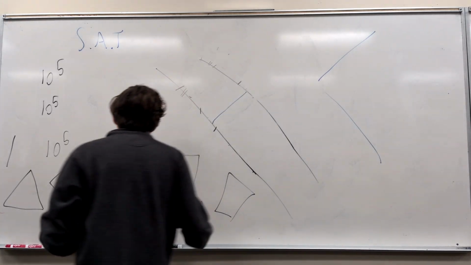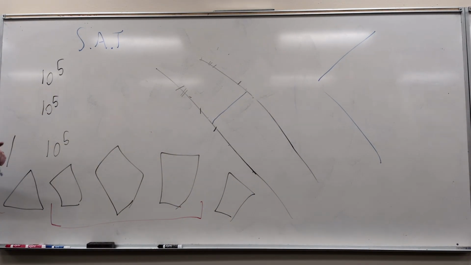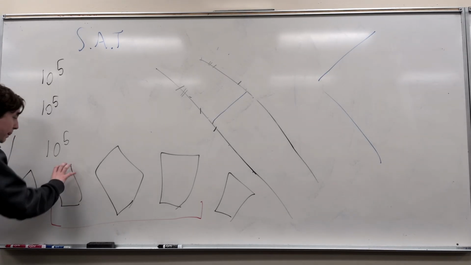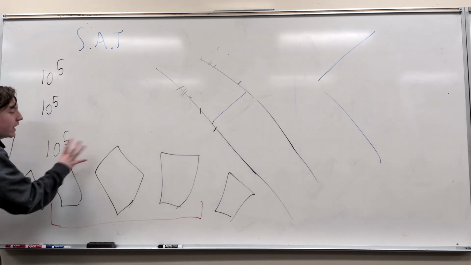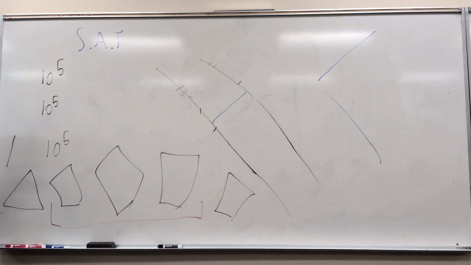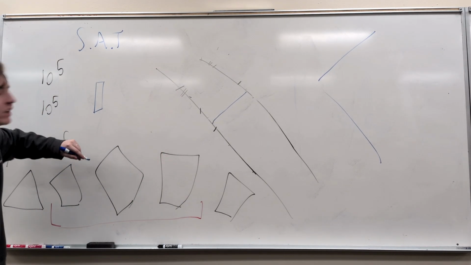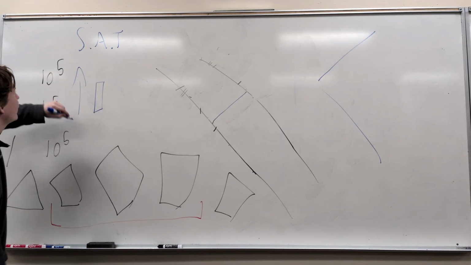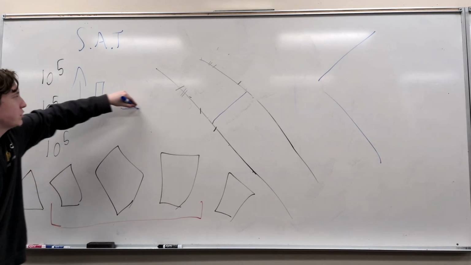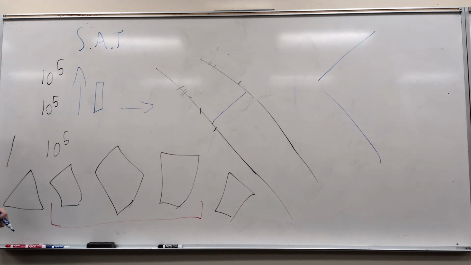In each direction vector, each polygon has some contribution. If we have a polygon like this, its contribution in this direction is a lot larger than its contribution in this direction.